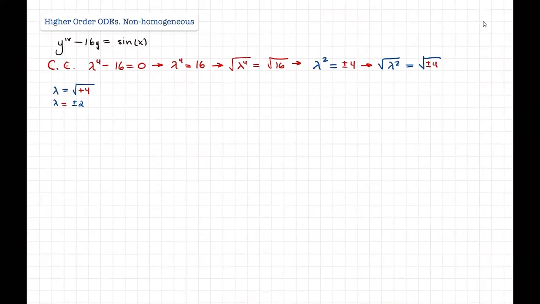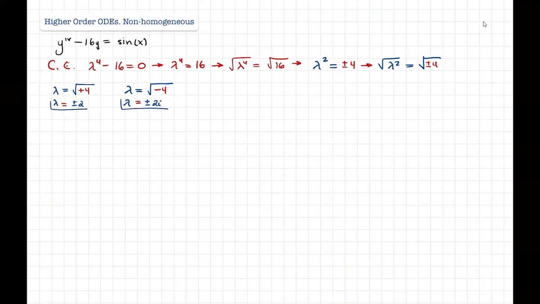And then we have the other lambda, taking the square root of negative 4. What do we get here? This lambda is equal to plus or minus 2i.